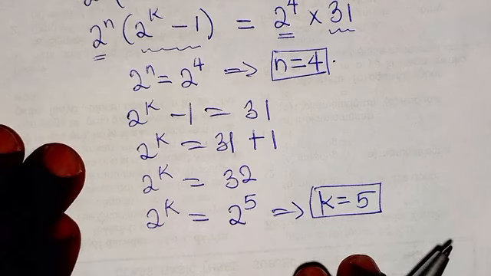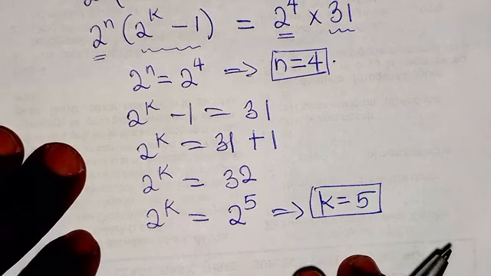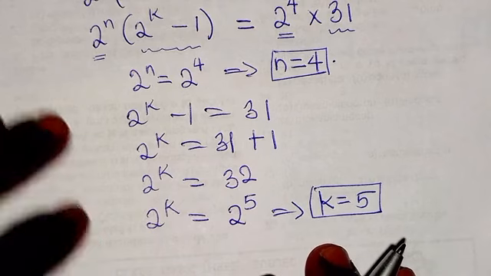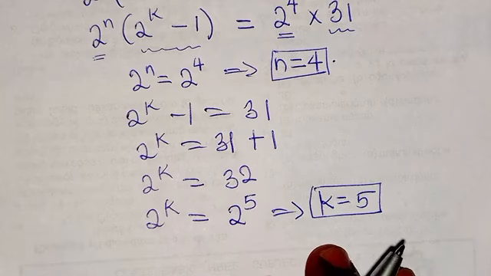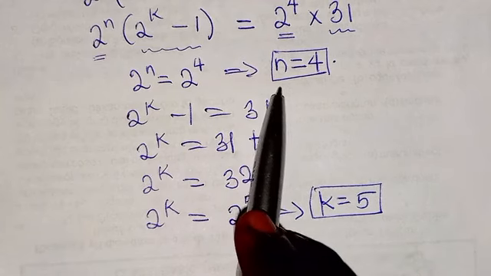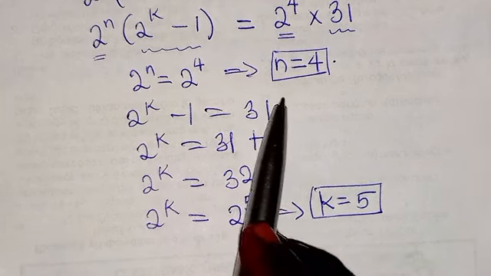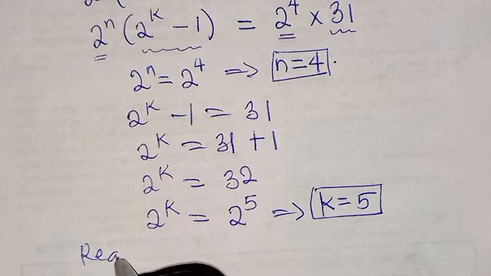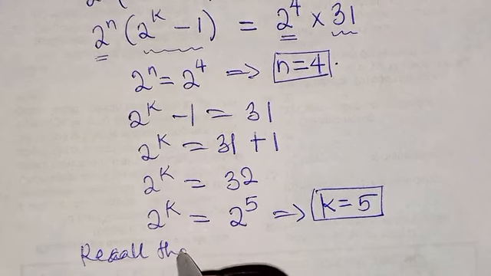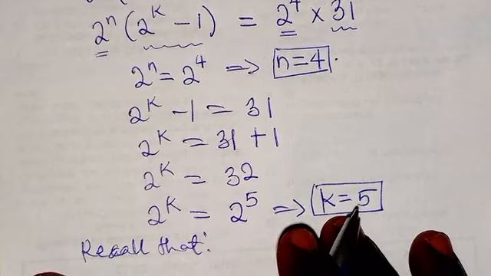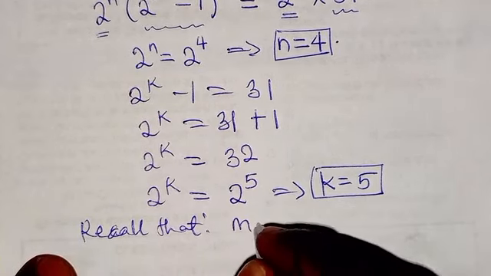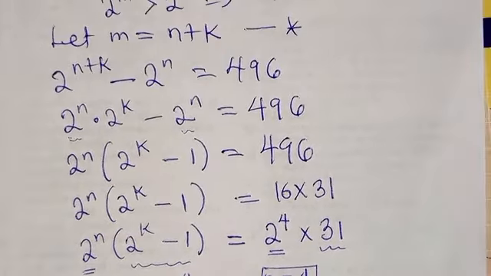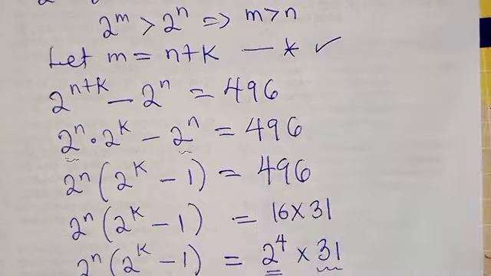But the value of n is only known here, so remain the value of m. So now we need to recall that m has been stated to be n plus k from what we have up here, from this star here.